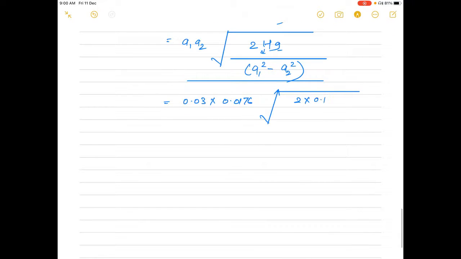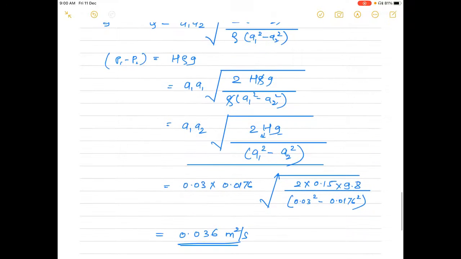So 0.15 into 9.8 divided by A1 square, 0.03 square, minus A2 square, 0.0176 square. By substituting and calculating all the terms, we get the answer, which is 0.036 meter cube per second.